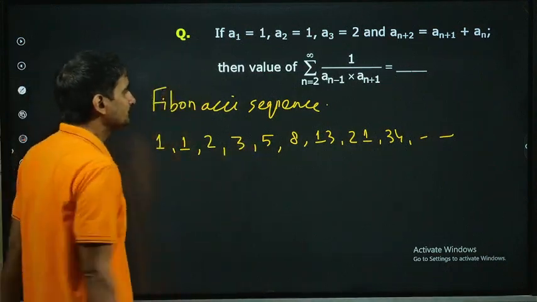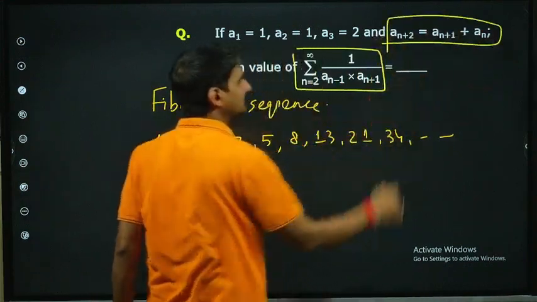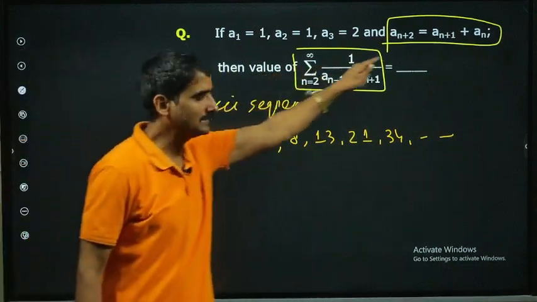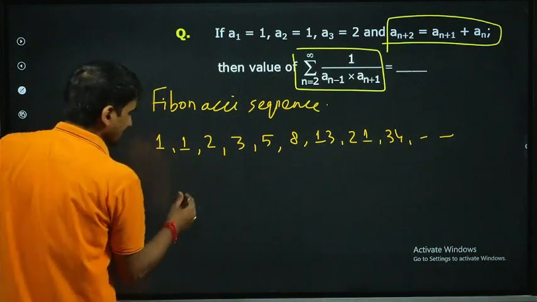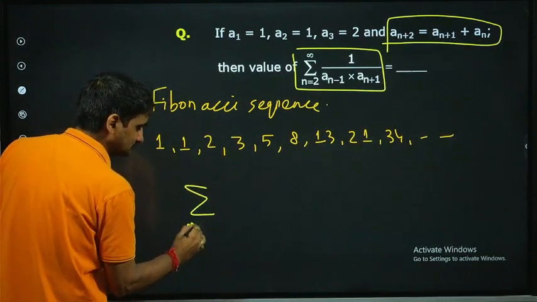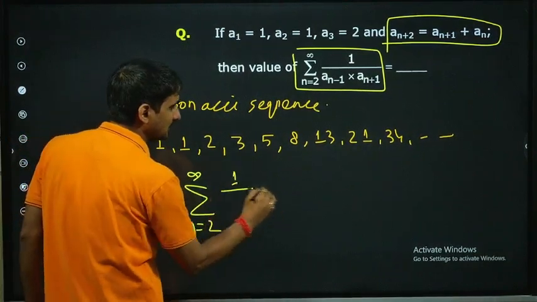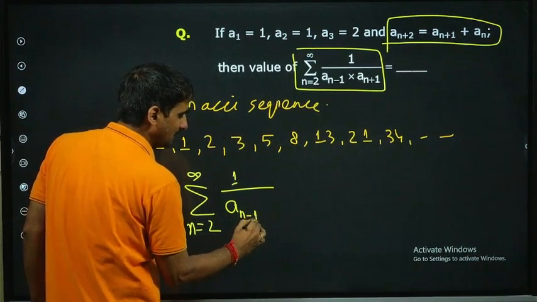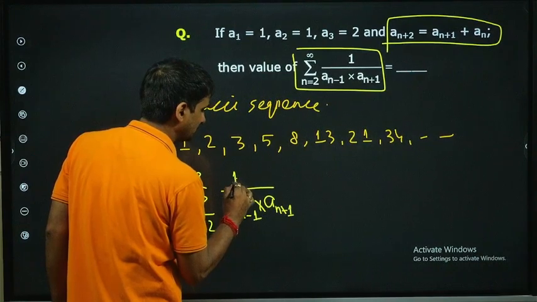Now see, we have to evaluate it, and we are given this relation. That's how we define a Fibonacci sequence, bachcho. So again, what choice do we have if we have to solve this series? Do we have any other choice than trying to break it as the difference of two terms?